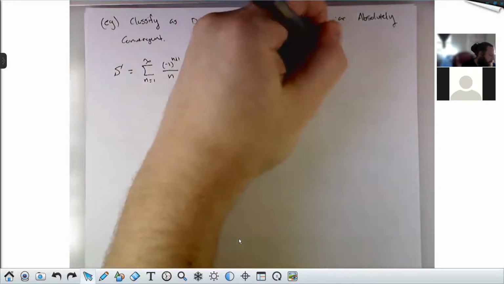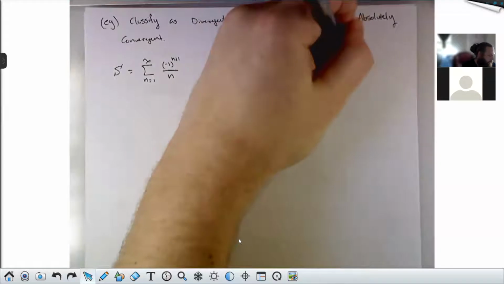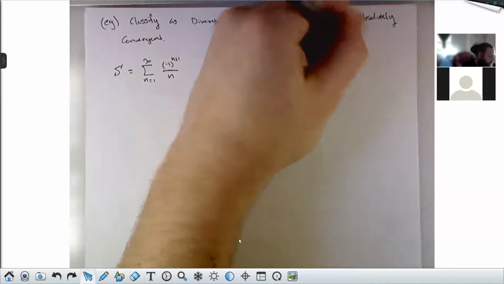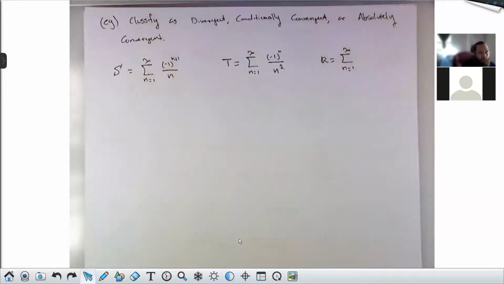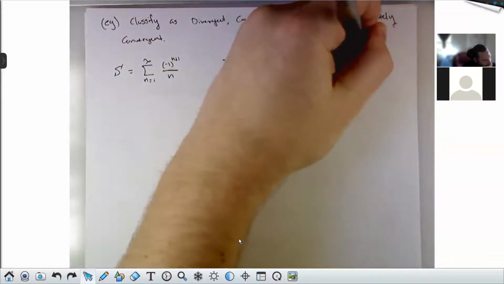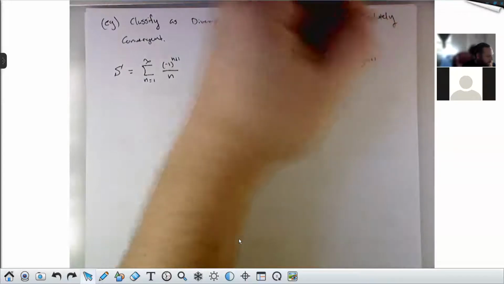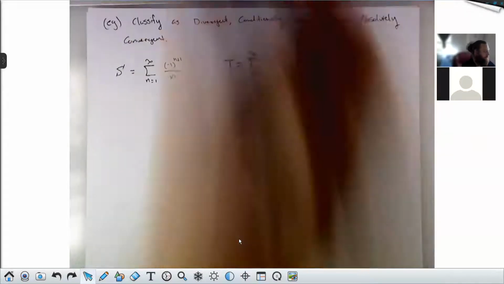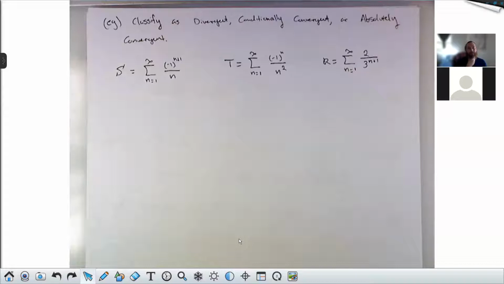And the sum from n equals 1 to infinity, how about, 2 over 3^(n+1)? Okay, so quite a bit to do here.